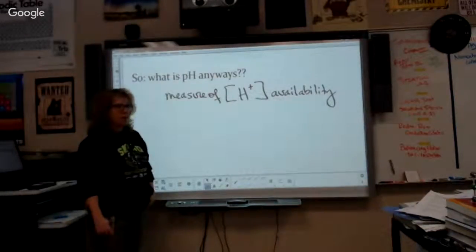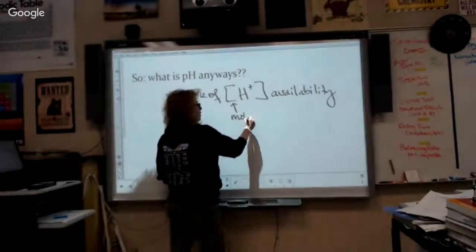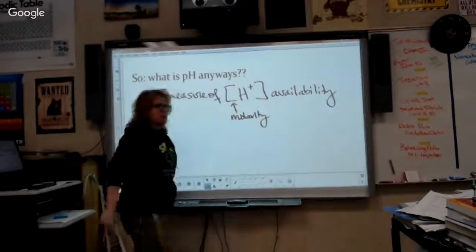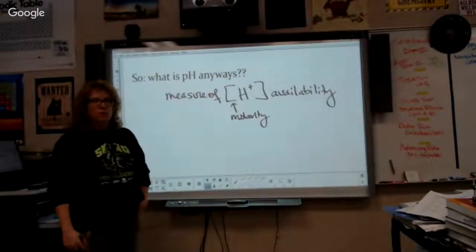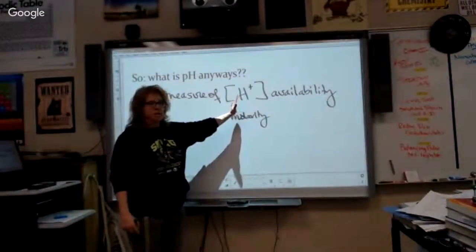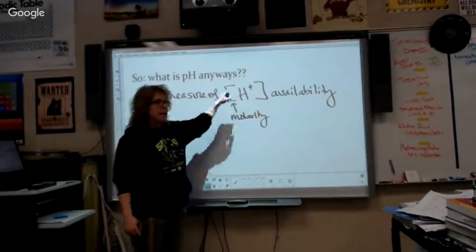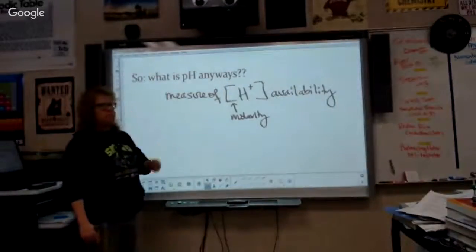They're the brackets. Square brackets is the physical way that concentration, molarity, is abbreviated. So when you see something in square brackets, this is talking about the molarity of hydrogen ions. That's kind of how you would read that. Again, square brackets means molarity.